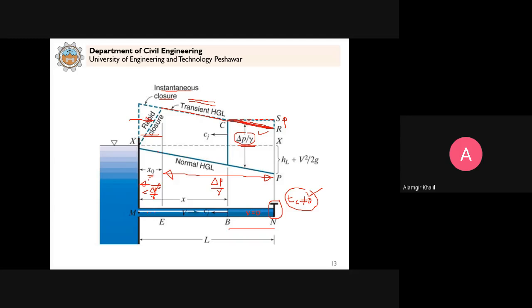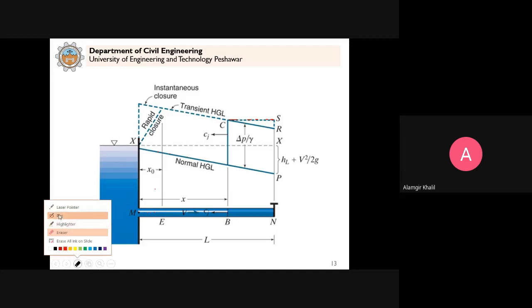This is the reason. So in case of rapid closure, all the points on the pipe cannot experience the increase in pressure. Only those points for which x is greater than x naught will experience the maximum pressure.